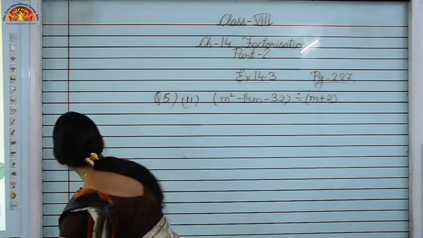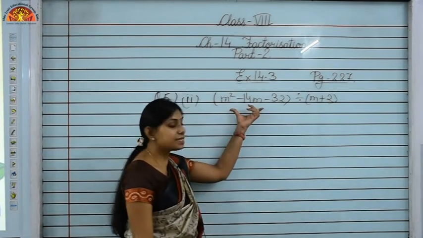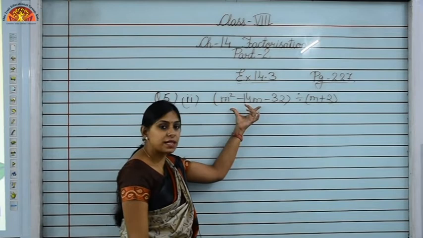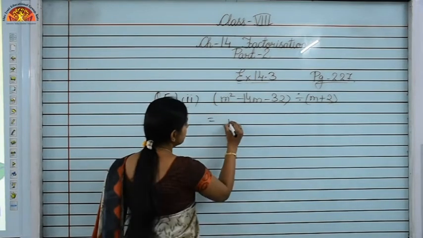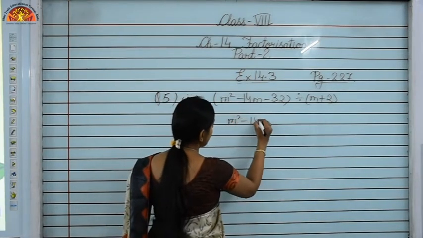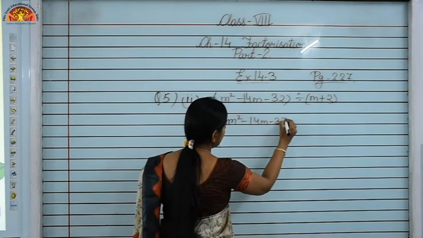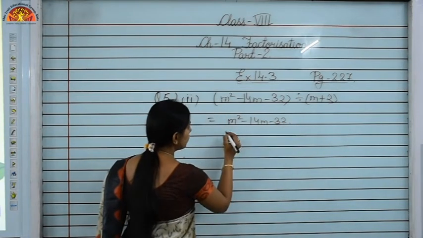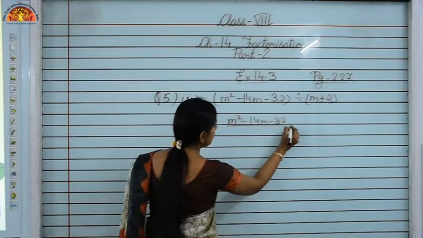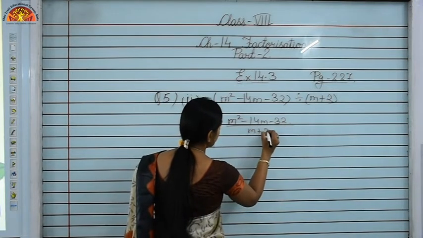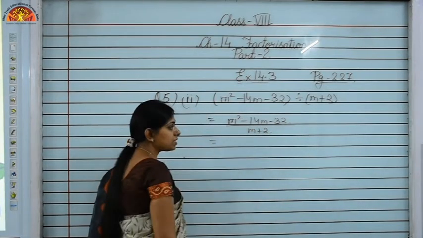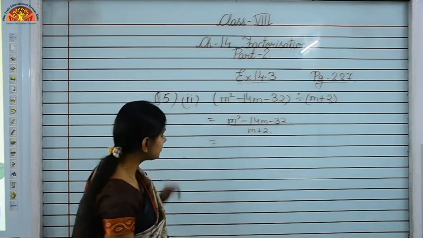So you can see children, first of all we have to just factorize this expression, that is m square minus 14m minus 32, whole divided by m plus 2. Now you can just factorize with the help of middle term splitting.